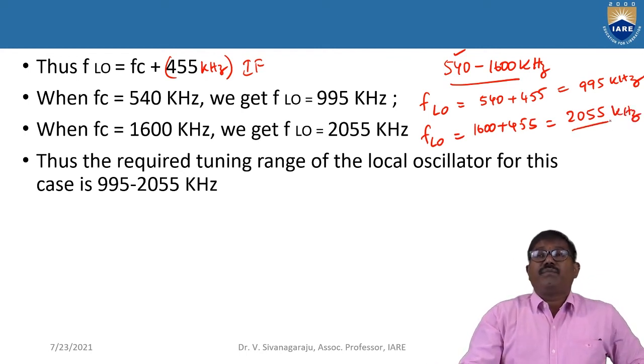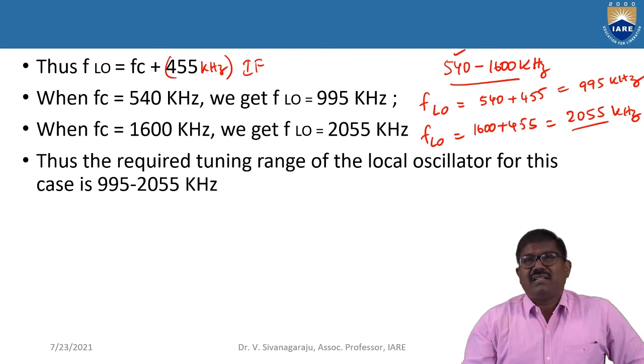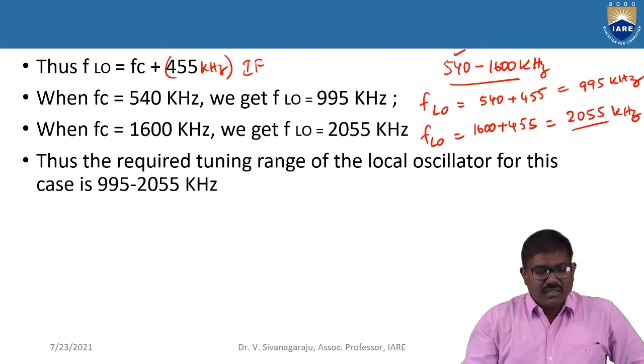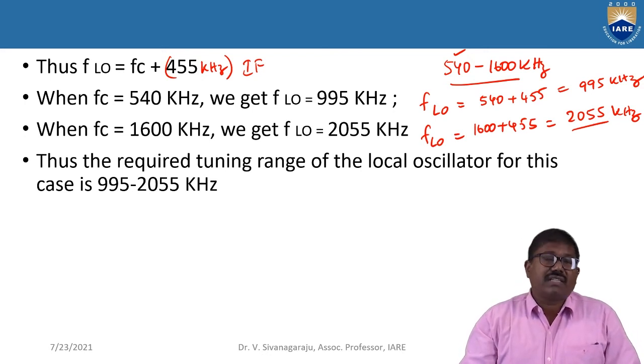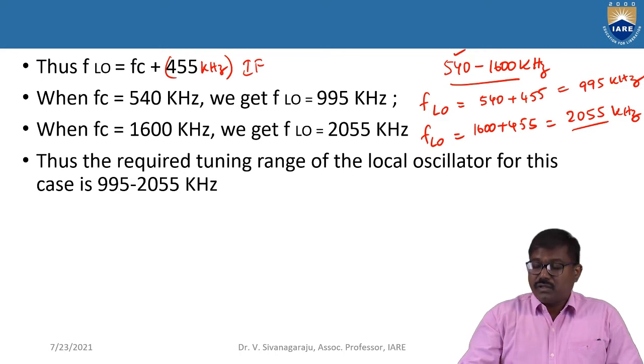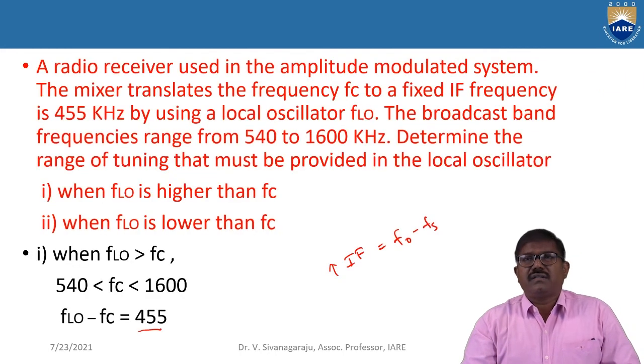So this is the local oscillator tuning range. Thus the required tuning range of the local oscillator for this case is 995 to 2055 kilohertz. So once again, go to see this problem.